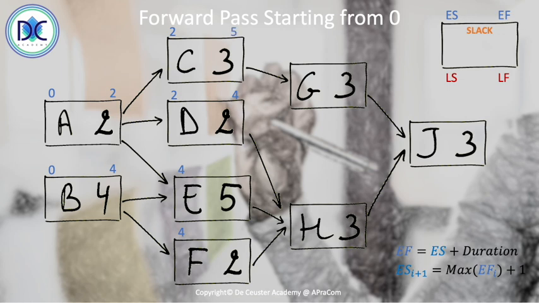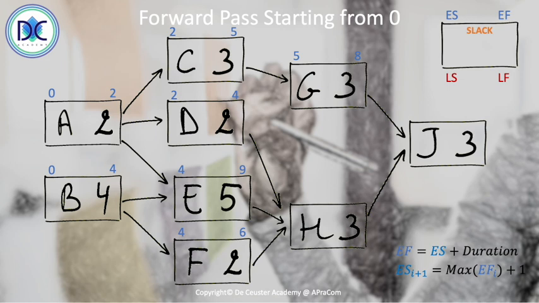We find for E, 4 plus 5 is 9, and for F, 4 plus 2 is 6. So now we can go for G. The early start of G is equal to the early finish of C, and 5 plus 3 is 8. So we find the early finish of activity G.